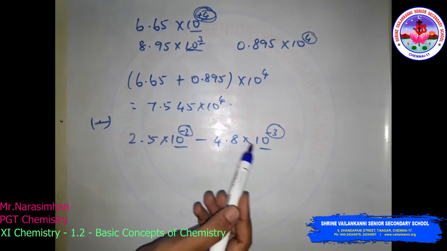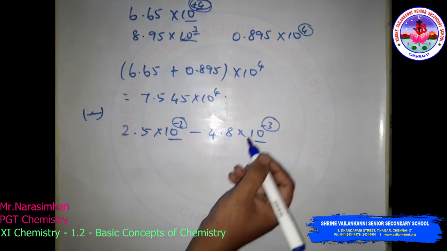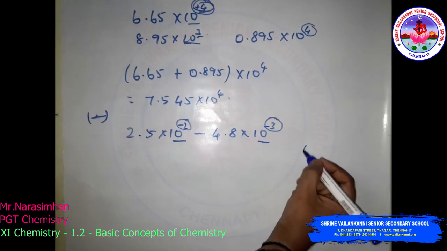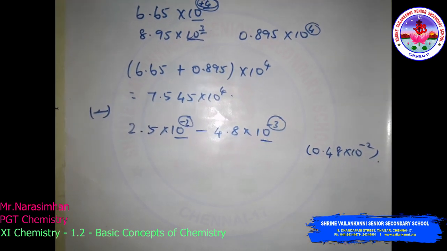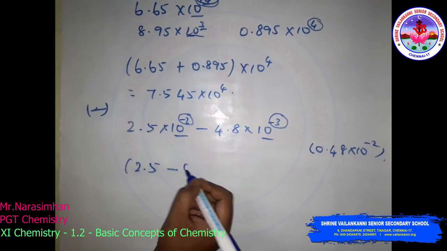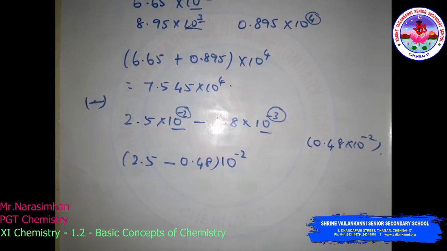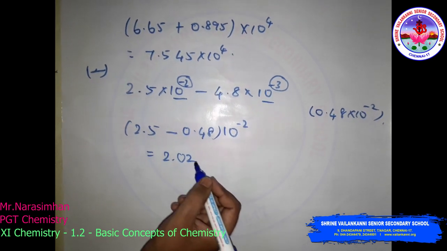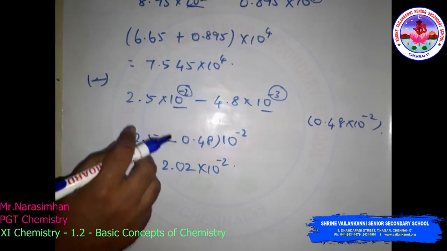So 4.8 will become 0.48 into 10 power minus 2. Now we can subtract the two values: 2.5 minus 0.48, into 10 power minus 2. The final value will become 2.02 into 10 power minus 2. So this is for addition and subtraction.